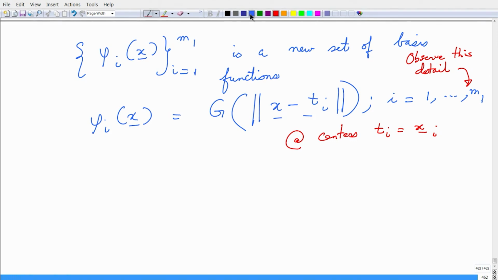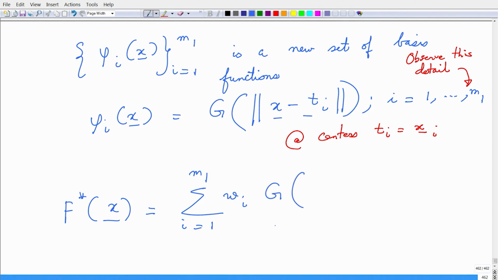Now my f star of x is the summation, i equals 1 to M1, of w i g of norm x minus t i, where the t i's have to be determined.